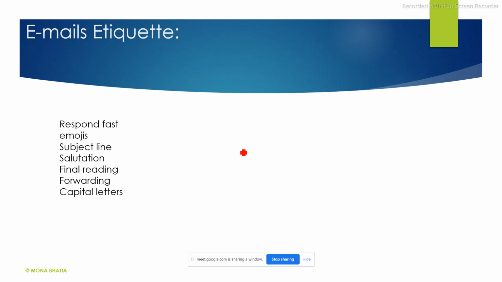Then while writing the email, you have to be sure where you have to write capital letters. See, when you are responding on a WhatsApp chat, we may ignore the capitalization, right? We may use all caps or all small letters, but while you are writing the email, make sure that in Dear, D is capital, Sir, S is capital, then a comma is there, then start with a capital letter.